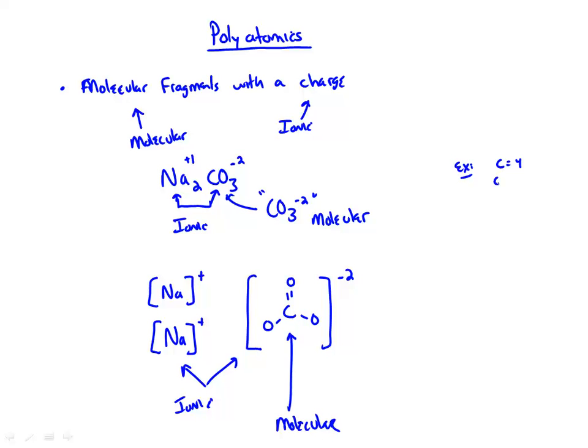So let's see, oxygen is 6, so that's 18, plus we have an extra 2, so that is 24. Counting it out, yes, that's what I thought it was, just one double bond in there. So realize that we can mix up ionic and molecular compounds in one, and that's our idea of what we tend to think of as polyatomics.